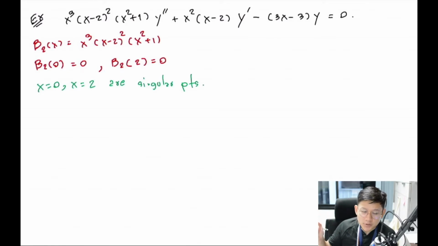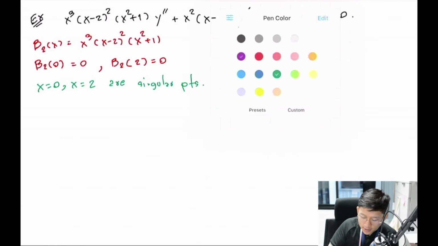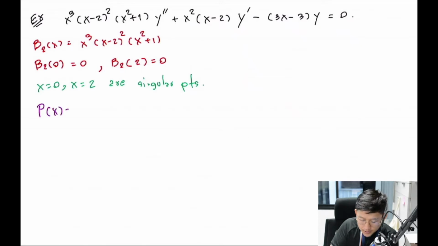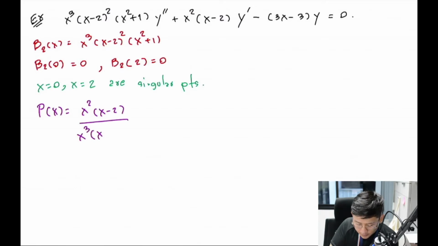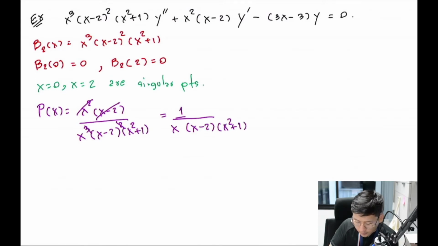Okay, so first let's look at p(x), which is x squared, x minus 2, divided by x cubed, x minus 2 squared, x squared plus 1. Those cancel out, so we get 1 over x, x minus 2 and x squared plus 1. That would be p(x).